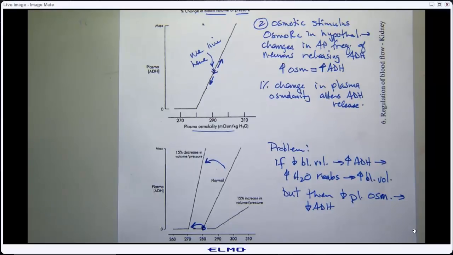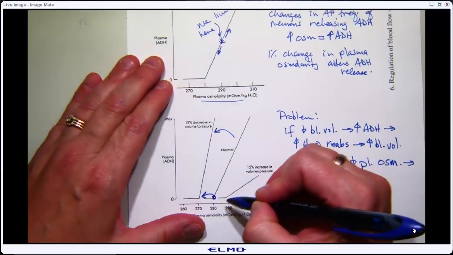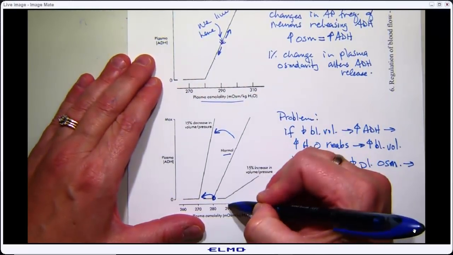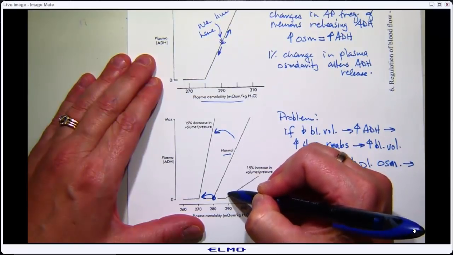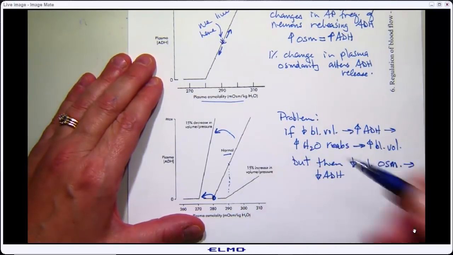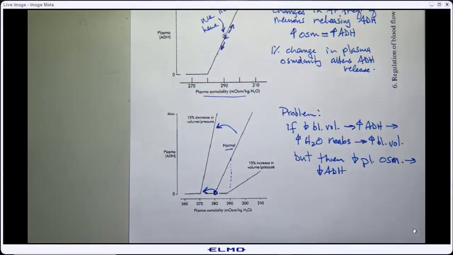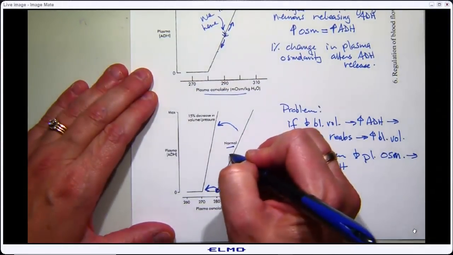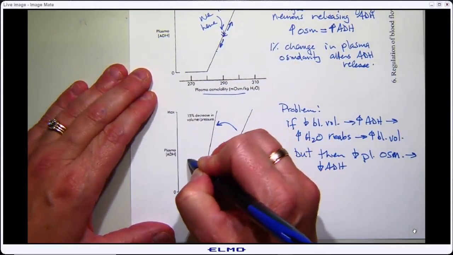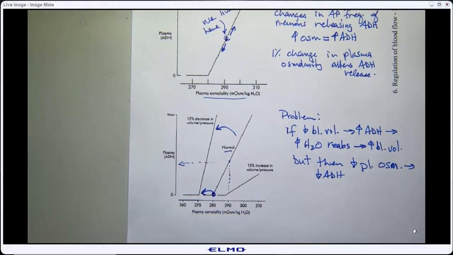So what this means then is under normal conditions, right? So under our normal conditions, we had 290 milliosmoles as our blood osmolarity, and that was producing a certain amount of ADH release just under normal conditions, right? Because it's never zero.